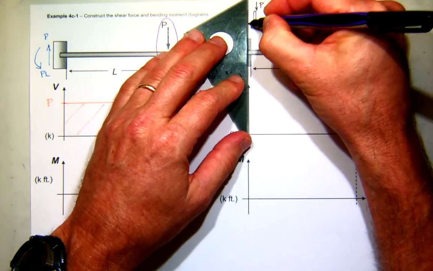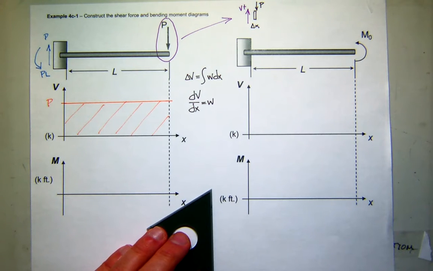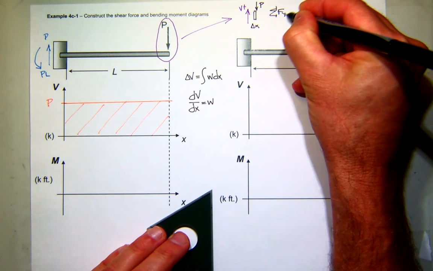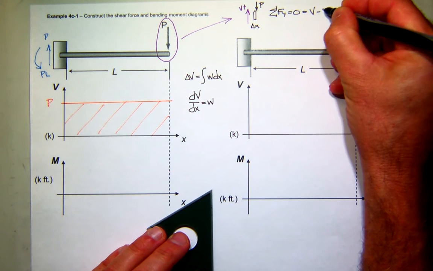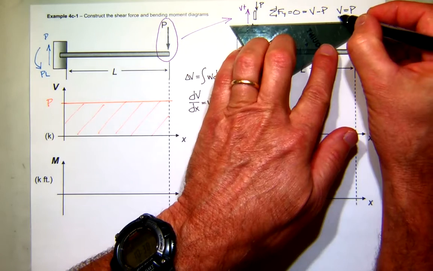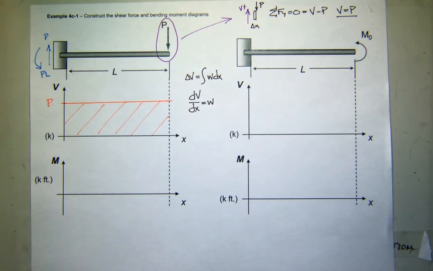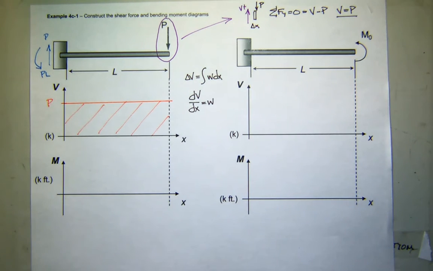Up. So if you sum forces here in the y direction, what do you get? The shear is acting up, the force P is acting down. It says the shear is equal to positive P. And what do we get it to be? Positive P. So that one looks good. So let's move on to the moment diagram.